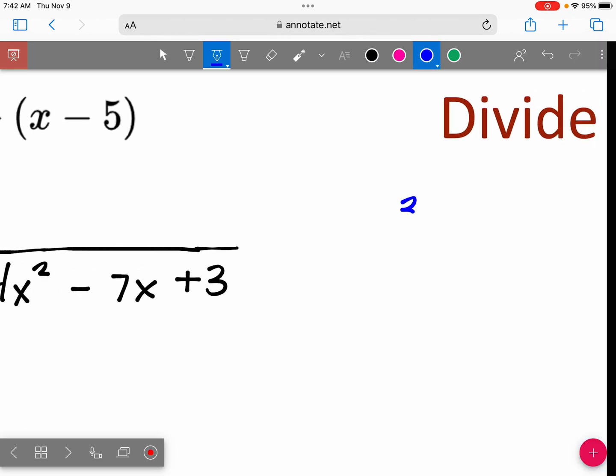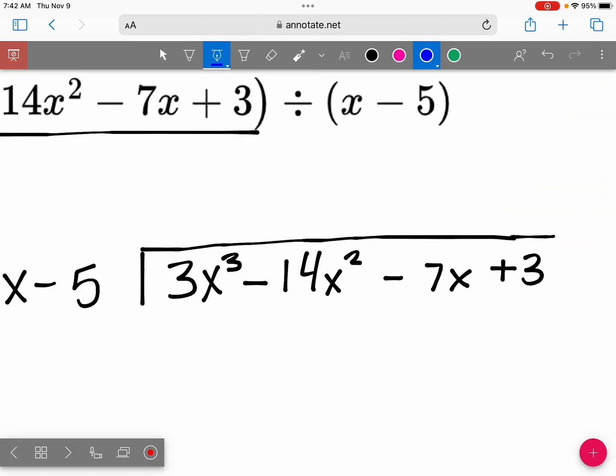So what is 3x cubed divided by x? X squared, but also the 3. So this, if we do the little baby fraction, this is what's going to go on top. 3x squared goes on top.